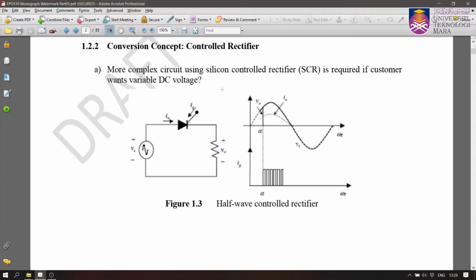So if you look carefully at the beginning, the output voltage is 0 because there is no current flow, and when alpha triggers the thyristor, you can see that the output voltage starts to copy the input voltage. So it goes until that point.